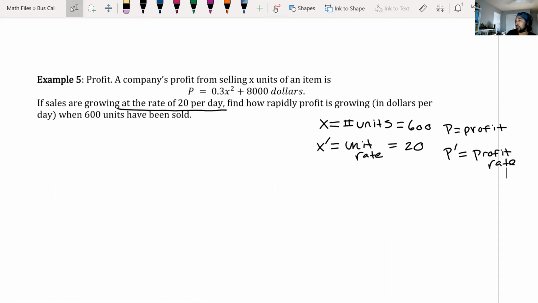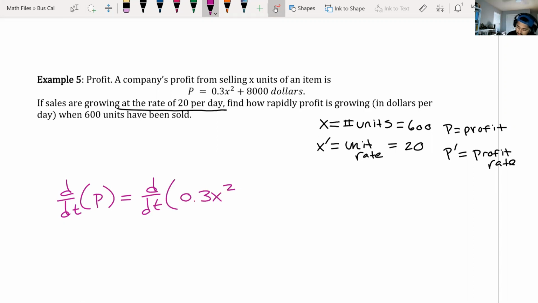All we have to do is take the implicit derivative of the given equation above. So d over dt of P is equal to d over dt of 0.3x squared plus 8,000.